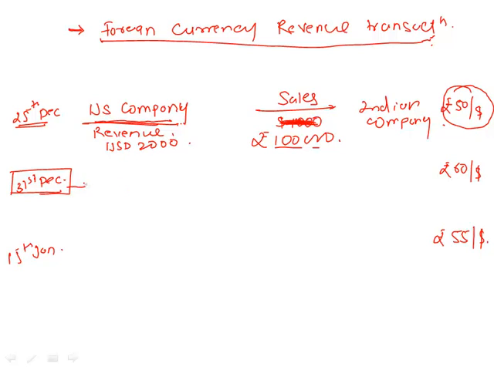But on 31st of December, the exchange rate has changed. Should we account for the changing exchange rate on 31st of December? Yes or no? No. So on 31st of December, you wouldn't change your revenue figures because that was anyways recognized. But on the same day, you had accounts receivable of 2,000.